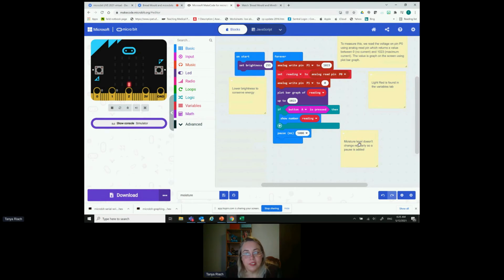When the pause was added, it was because we're collecting the moisture level once, but we wanted to have a couple of readings, just to make sure the moisture didn't change too much, or that if we put the nails in different places in the bread, we weren't just looking at one moisture place within the bread. We wanted to try them at both corners, just to make sure.